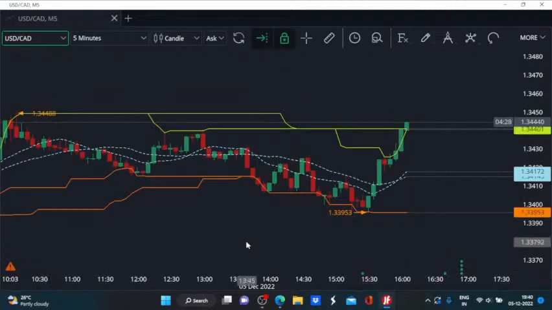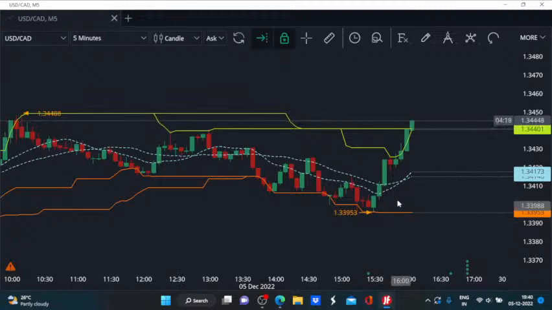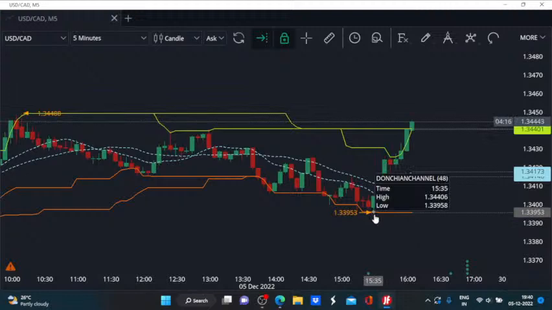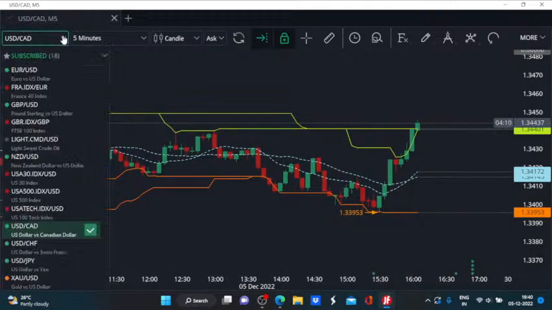Coming to the USD CAD, the CAD is also showing weakness against the dollar. The USD CAD is gaining ground. USD has gained almost 50 pips after this immediate swing low from just half an hour back. That is something to be kept in mind moving forward.